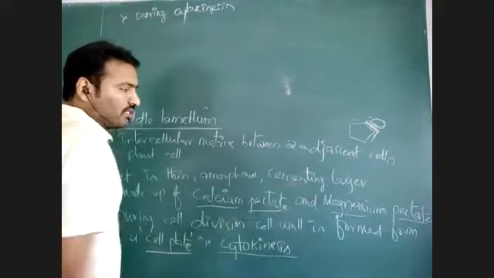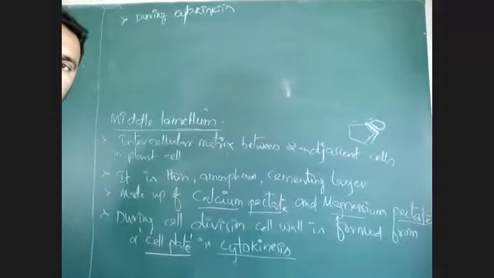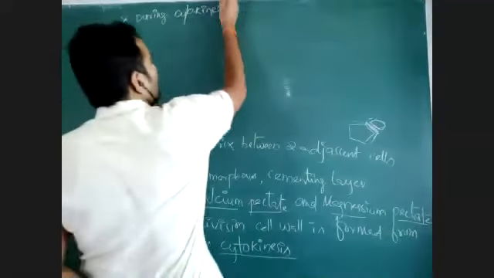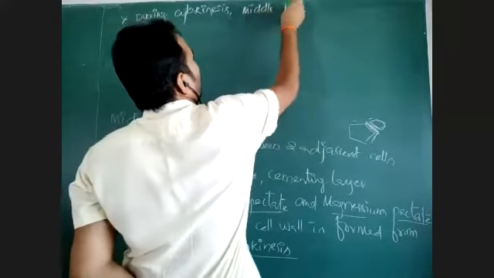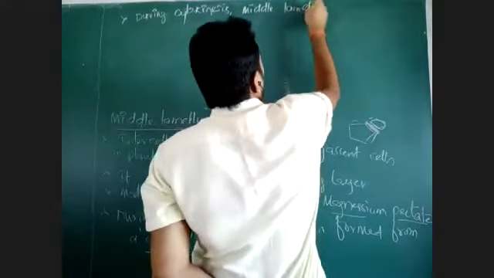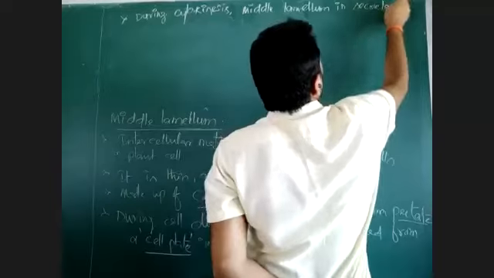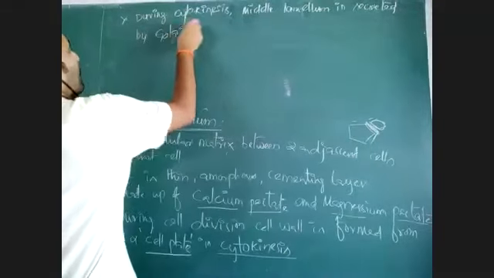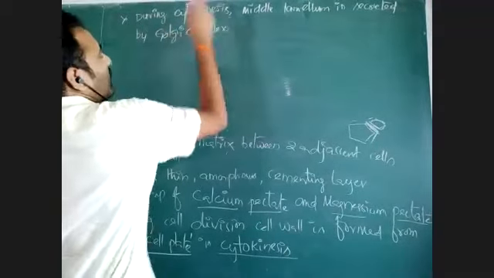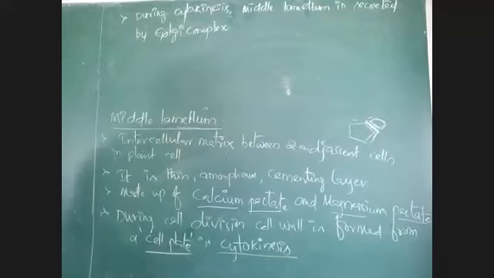The chemical substances present in the middle lamellum are calcium pectate or magnesium pectate. During cytokinesis, the middle lamellum is secreted, secreted means released, by the Golgi complex.